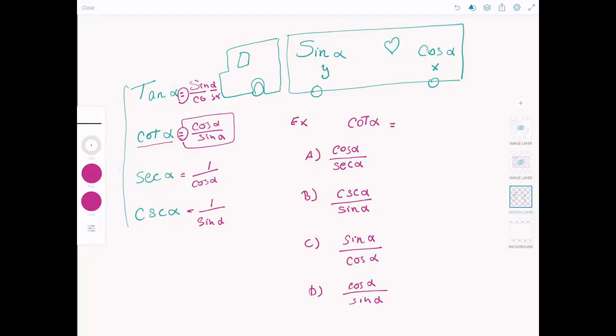Which one do we pick? D. Very good. So the answer is D.